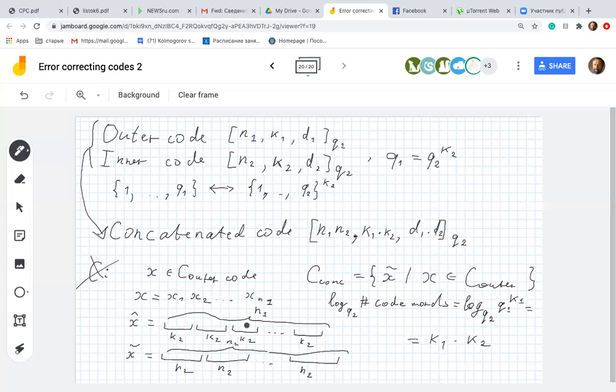But after encoding using the inner code, each pair of different blocks produces d2 different symbols. So in total we obtain d1 times d2 different symbols, which means that the distance is also d1 times d2.